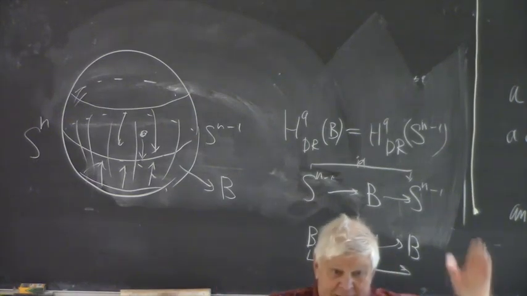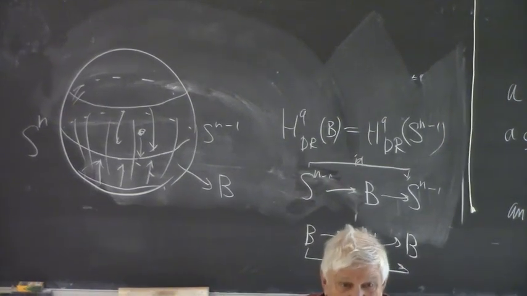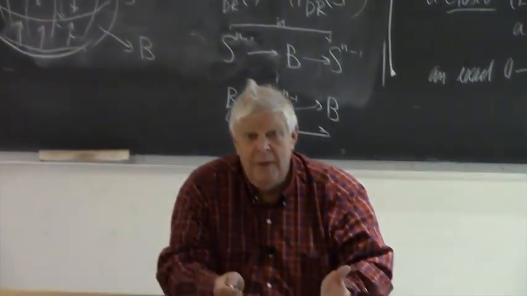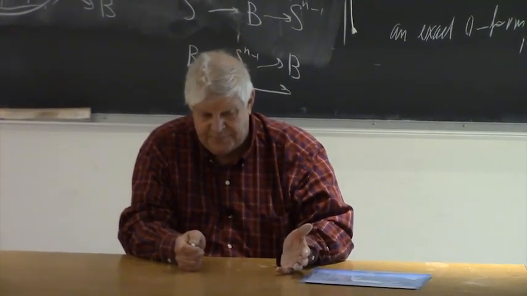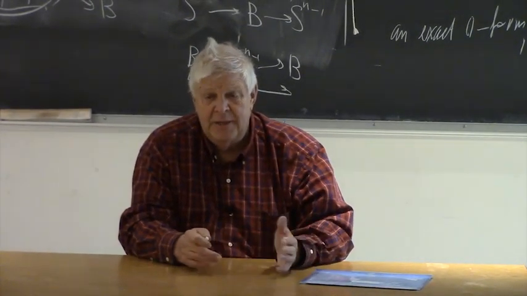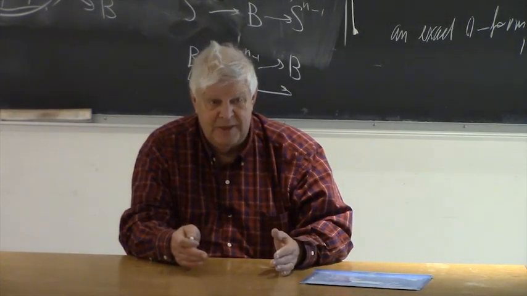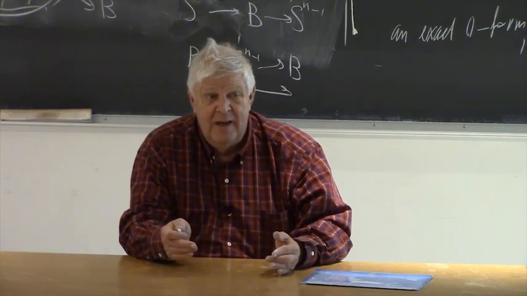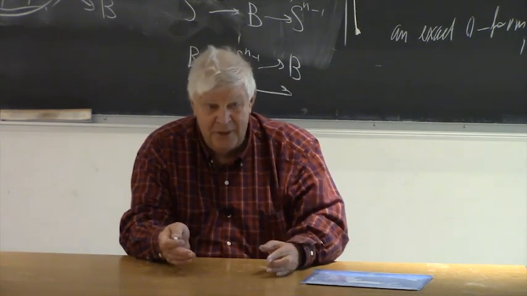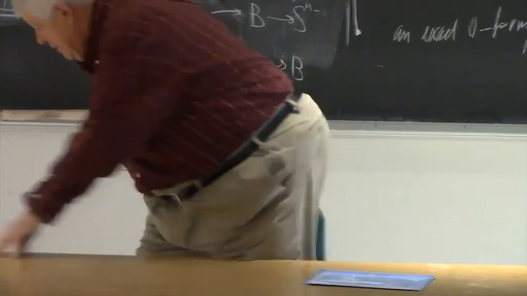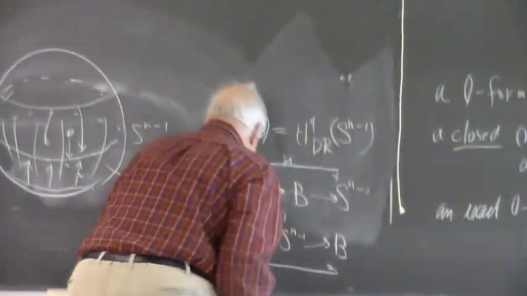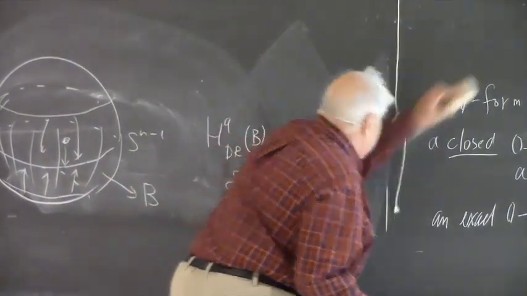But it's not the identity, it's such a collapsing. Now, if we take all these maps and the corresponding induced homomorphisms of the de Rham cohomology, let me write it. So I have these two diagrams.